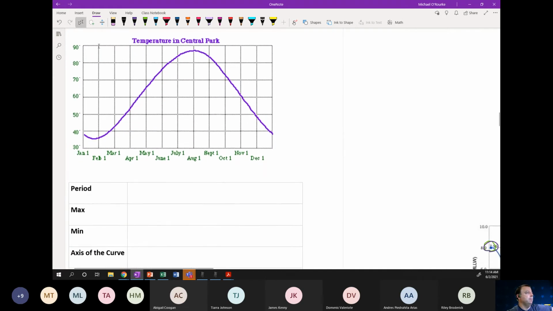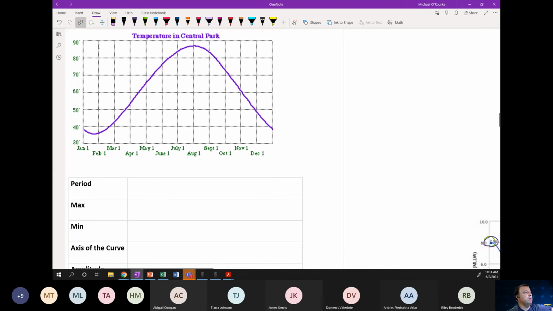Now, Abigail, this is one of those ones that doesn't have a second wave. Although logically, temperatures and months kind of go together. So you're going to have to pick 2 spots and guess where it is. Andreas, do you want to work through this one with me, or do you want to try to do it by yourself and then I'll do it?